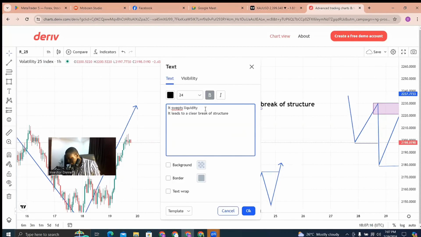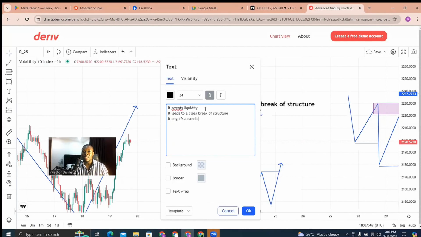Number three, it engulfs a candle. These three things are the criteria I need to see in the market before I enter any trade from any order block.